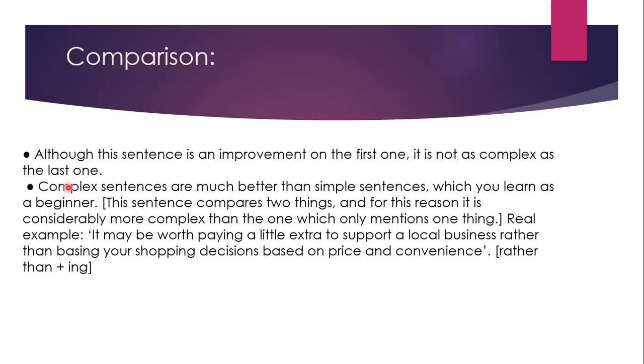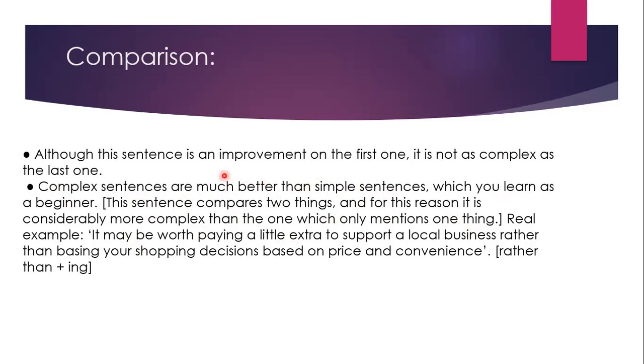Understood? Then complex sentences are much better than simple sentences, which you learn as a beginner. This sentence compares two things, and for this reason, it is considerably more complex than the one which only mentions one thing. Complex sentences are much better than what? Simple sentences are better.